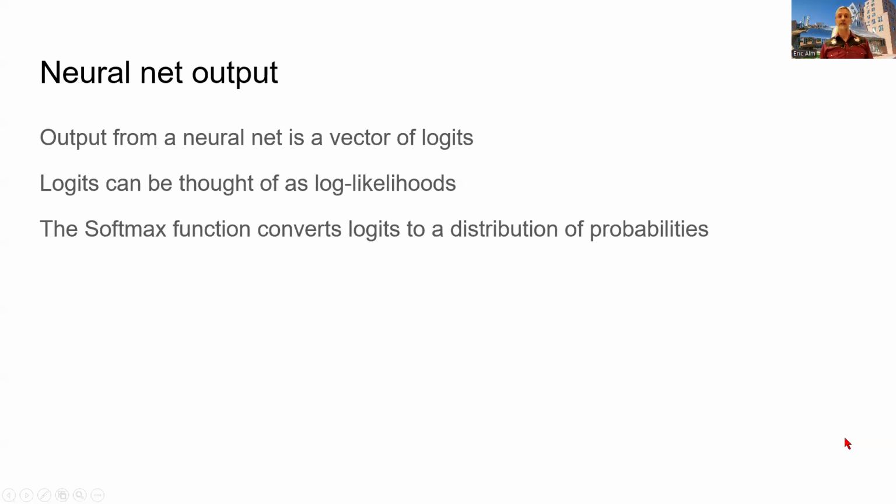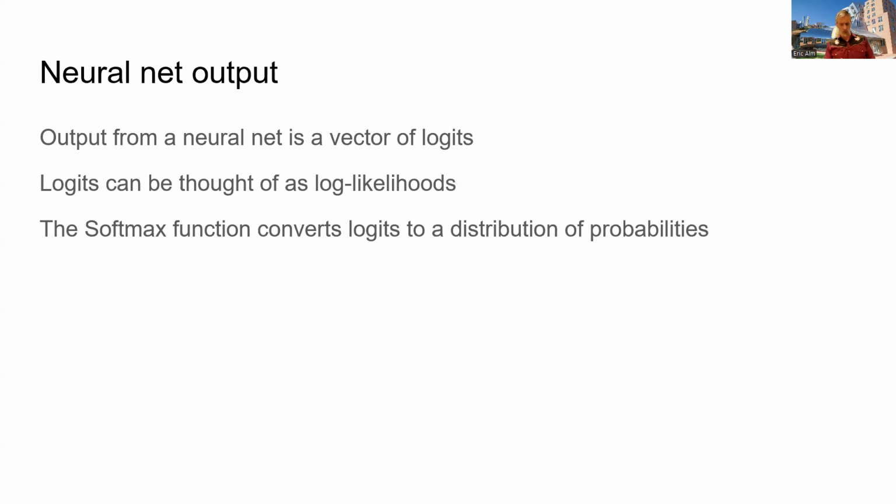Now, if we talk about the output of our neural net, the output of a neural net is usually thought of as a vector of logits. And we can think of logits as log likelihoods, right? And I think this actually has a beautiful connection to the physical problems that we were just talking about.